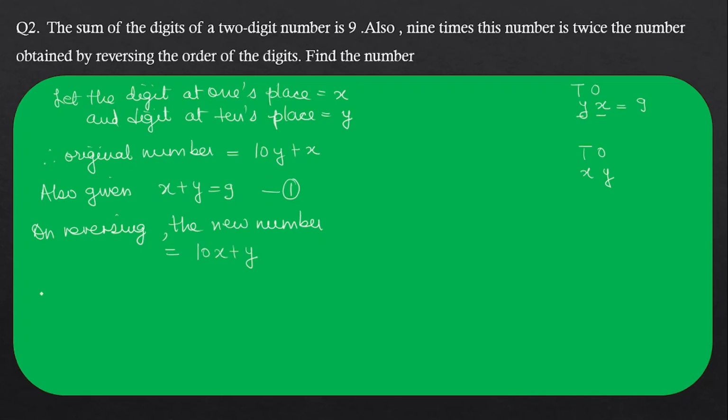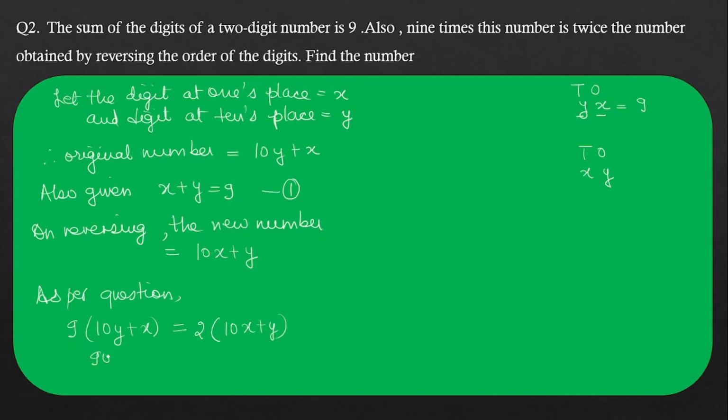Let us read the condition again. As per the question, they are saying 9 times this number. This number is the original number. So 9 times the original number is equal to 2 times the number obtained by reversing the order of the digits. So which number is obtained by reversing the order? It is 10x plus y.